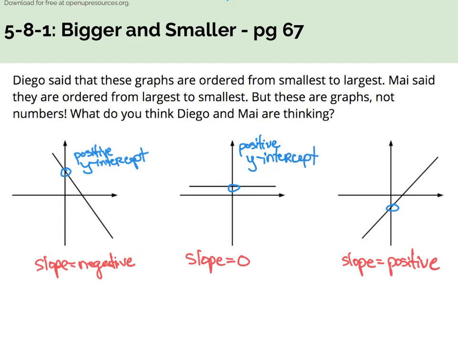And then on this last graph down here, we have a negative y-intercept. So these are the ways that both Diego and Mia can look at these graphs to say whether they are in order or not in order.